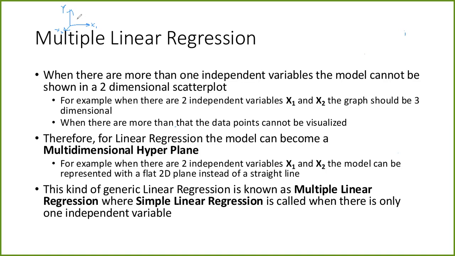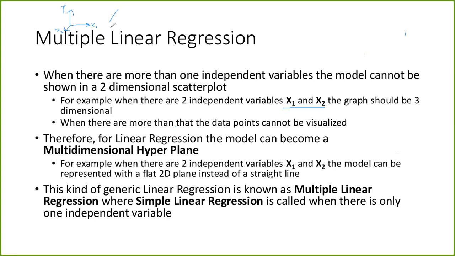So when it comes to a 3D plot like this, when you have two x variables, x1 and x2, the regression line in the simple linear regression that we have seen just a few minutes ago becomes a 2D plane, right? So now it is not a straight line.